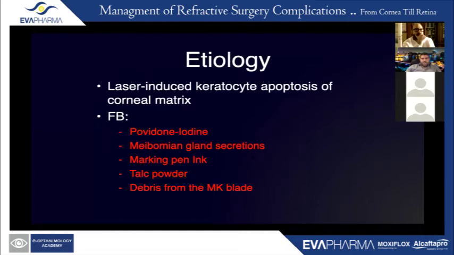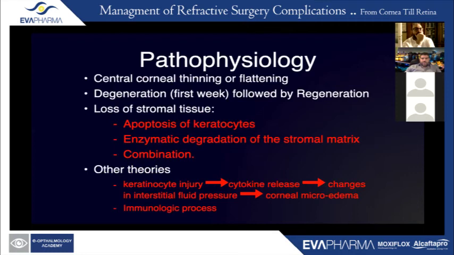The meibomian gland secretions, and I believe this is one of the main reasons that could lead to this sort of complication. The marking pen ink itself can cause DLK and can cause CTK also. Talc powder in the gloves, and debris from the microkeratome blades. All these etiologies are proposed, but no one is entirely right.